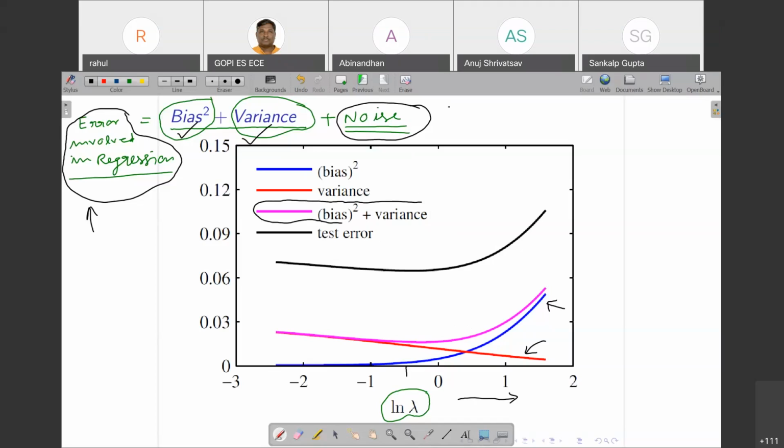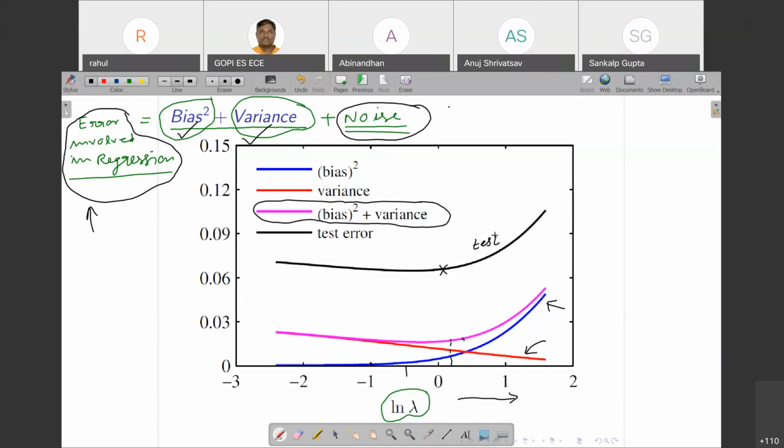See this pink color. The minimum juncture is somewhere here. The minimum value of bias square plus variance occurs here, and that is the place where you get the least error on the test data.